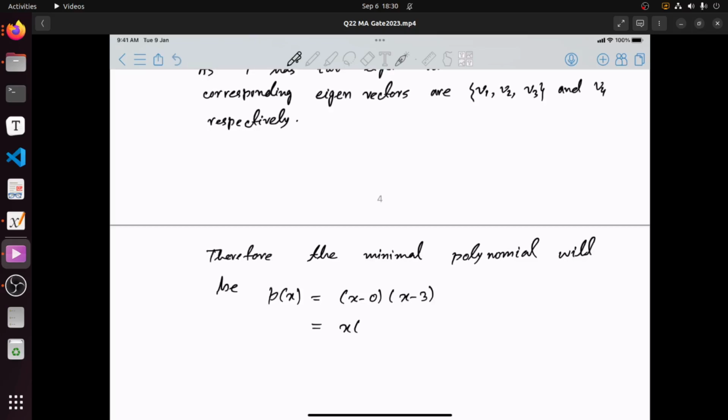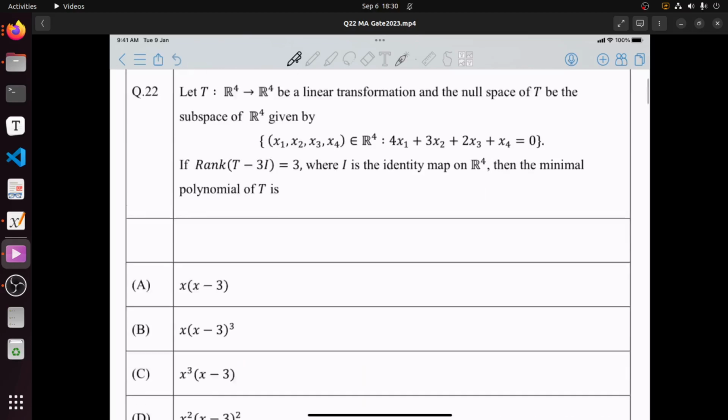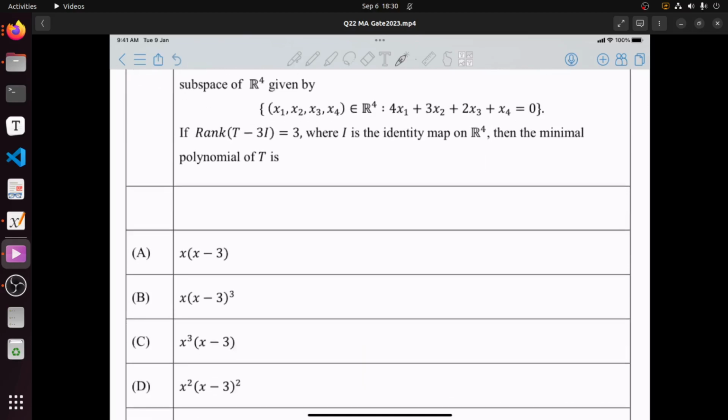So therefore the minimal polynomial will be x into x minus 3. So you have got the minimal polynomial for the linear transformation T as x into x minus 3. So therefore, which option is correct? Option A is correct.